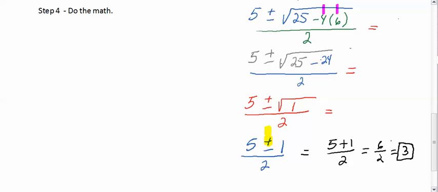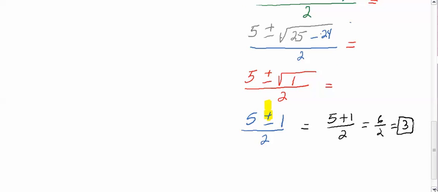Then I'm going to do the same thing, but now with the negative. We've got 5 minus 1 over 2, and this time the minus is right here.